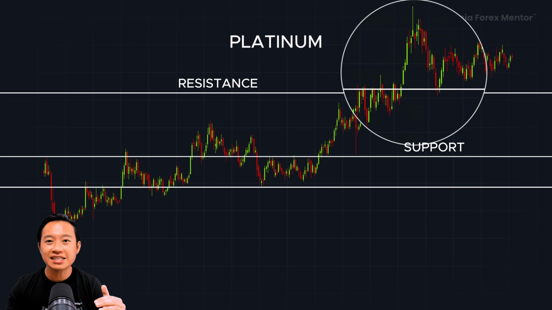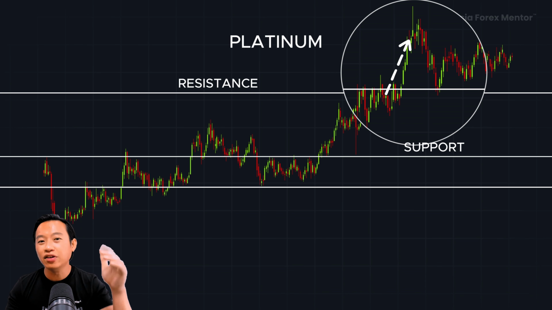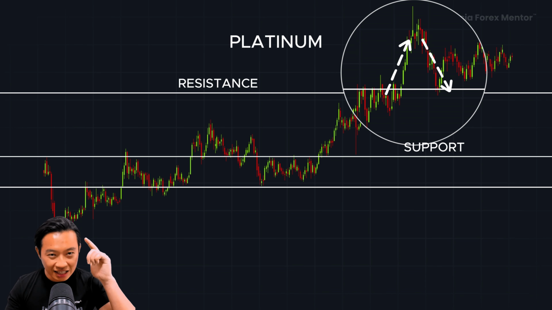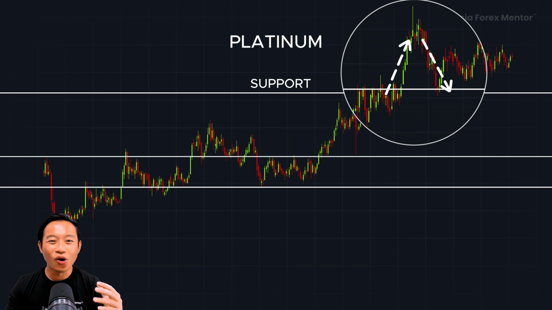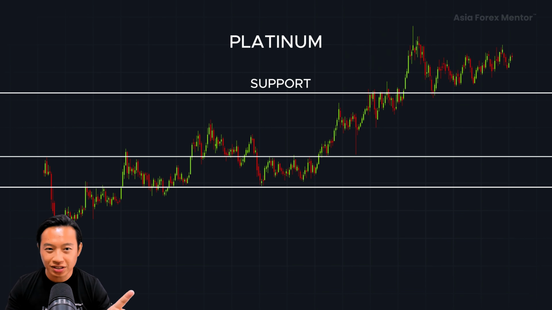So when price hits higher and then retraces, it tests the previous resistance level, which now functions as a support. So when price tests a level multiple times and holds above it, it establishes a new area of support.